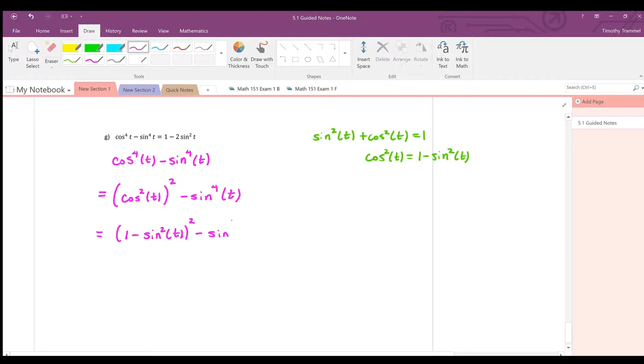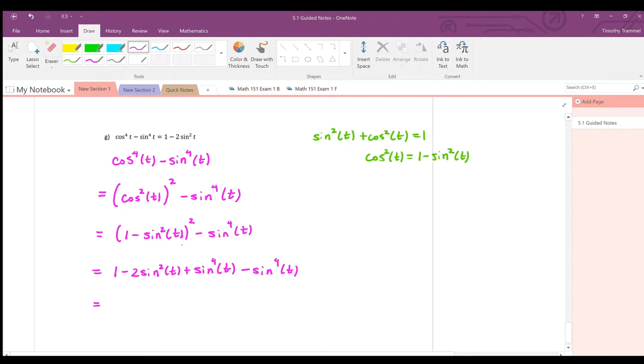And then we have minus sine to the fourth of t. And this is looking somewhat promising. Let's go ahead and distribute now. That's going to give us 1 minus 2 sine squared of t plus sine to the fourth of t. And then we still have minus sine to the fourth of t.